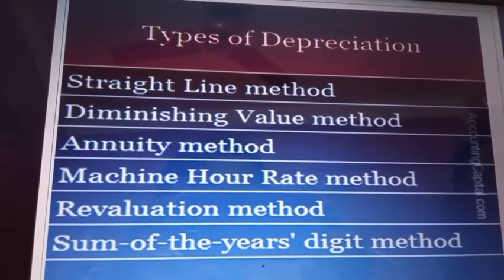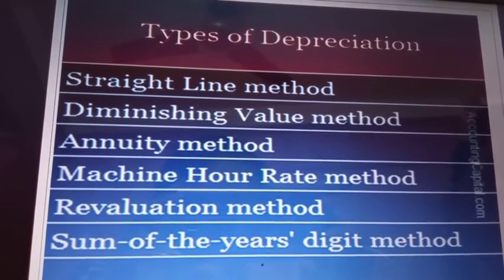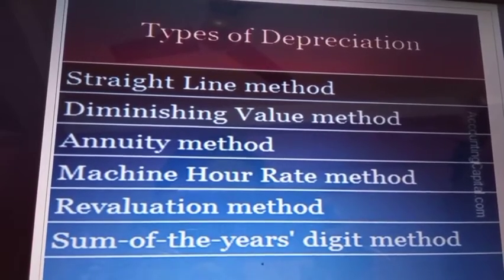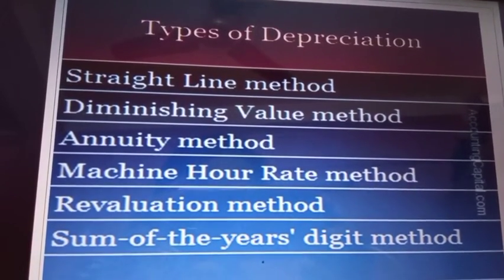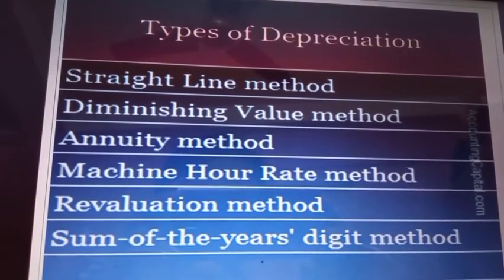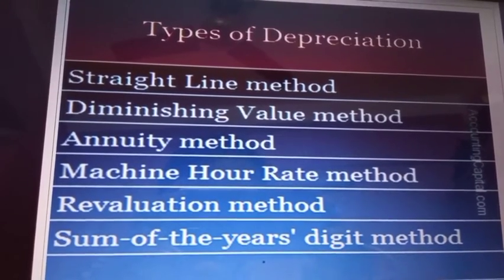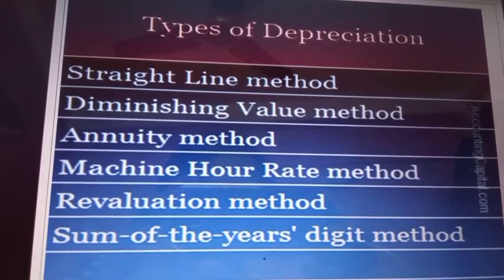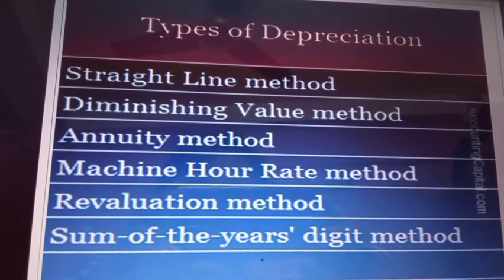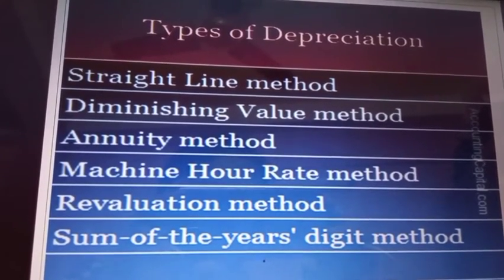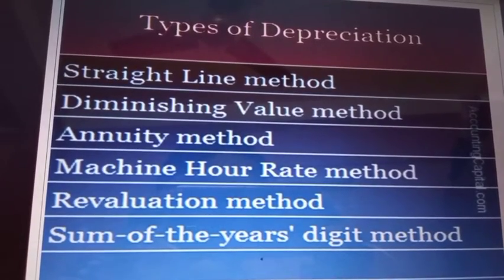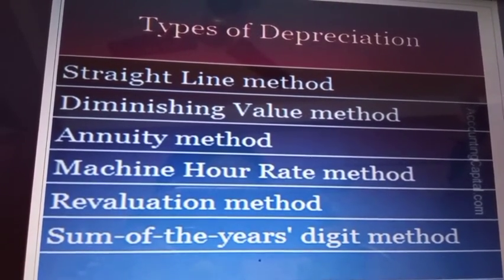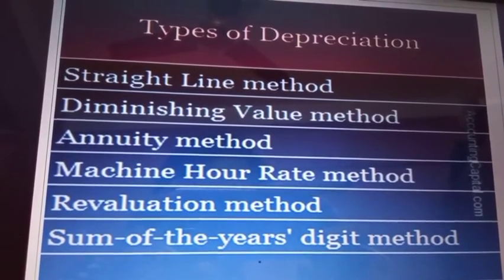We will learn in detail about these two methods, and the rest of the methods are annuity method, machine hour rate method, revaluation method, sum of the years digit method. In the annuity method, every year we are charging depreciation on annuity basis. Machine hour rate means depreciation is charged on the basis of how many hours the machine is working.